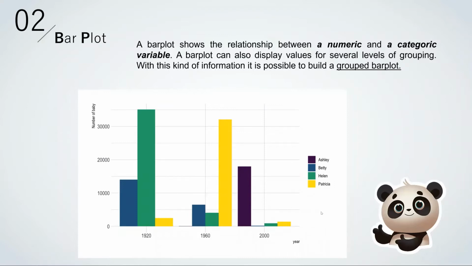The whole idea of doing a bar plot is that we can compare different groups. Say we're going to compare all four together, and it's very vivid compared to a table, because right here we can tell that in the 1920s Helen has the most babies, while in the year 2000 Helen has only this amount, which is basically nothing, while Ashley catches up.